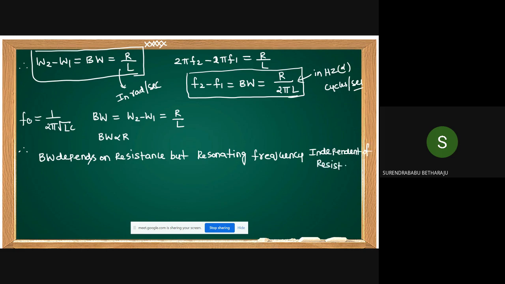This is exactly the concept of bandwidth. Once you know the cutoff frequencies, you can find the bandwidth. For that, we have two equations and two unknowns. We know omega 2 minus omega 1 is equal to R by L. What is omega 1 into omega 2? 1 by LC.